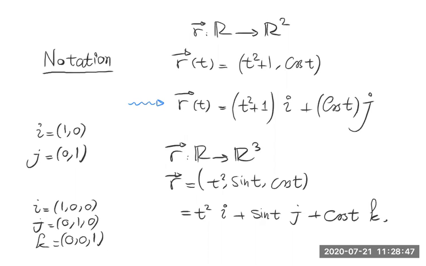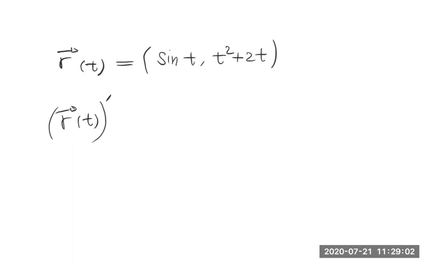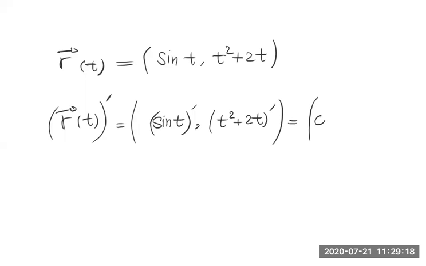Okay, let's continue. Suppose r of t is a function, say (sine of t, t squared plus 2t). By the derivative of r of t, we simply mean the derivative of each of these functions: the derivative of sine of t, which is cosine of t, and the derivative of t squared plus 2t, which is 2t plus 2.